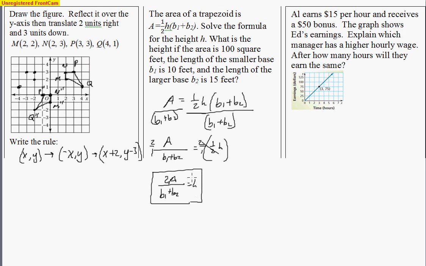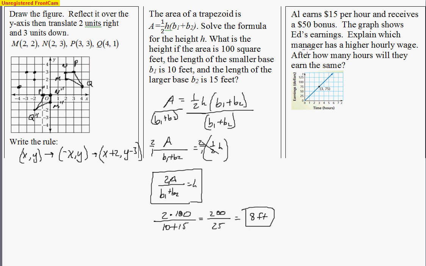So now I've solved for the height, so I've done the first part. Now they're asking me for the height. If I am given the area of 100, I substitute 100 in for A, and base 1 is 10, base 2 is 15. And so I just multiply. So I got 200 over 25. So my answer is going to end up being 8 feet when I do that division.